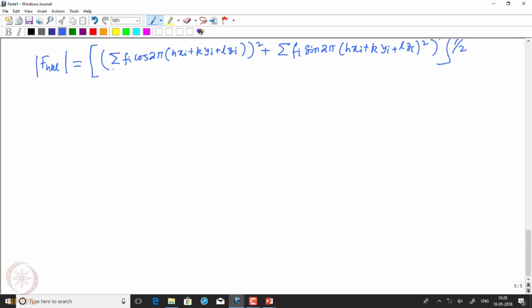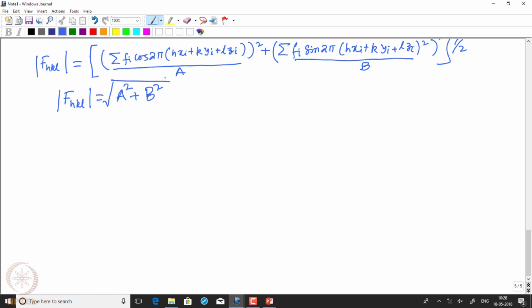So, we write the cosine term as A and the sine term as B. So, one can write FHKL is equal to square root of A square plus B square.